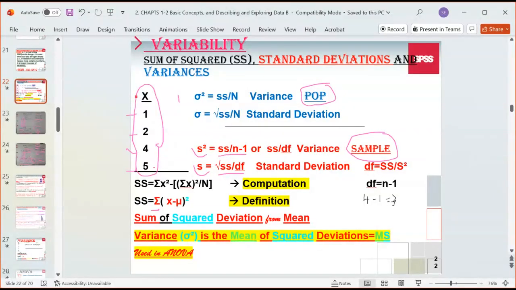So we have 4 participants, and that's the score from each. So DF is N minus 1, 4 minus 1 is 3, like I wrote at the bottom. Top, in the middle, right, it says 4 minus 1. DF is N minus 1. So if you look at them, they all have one thing in common, and that is SS.